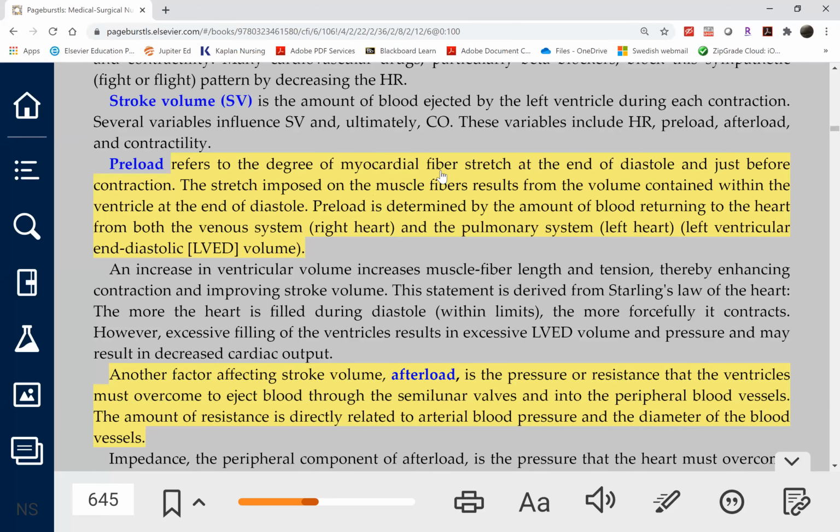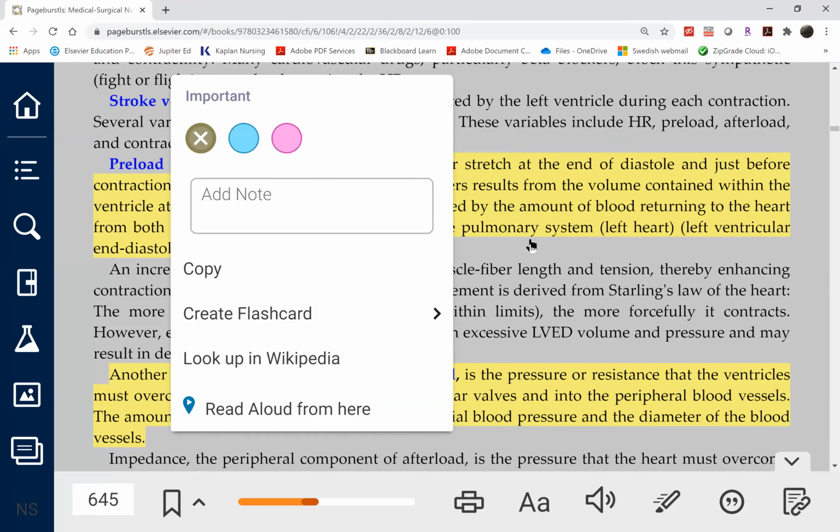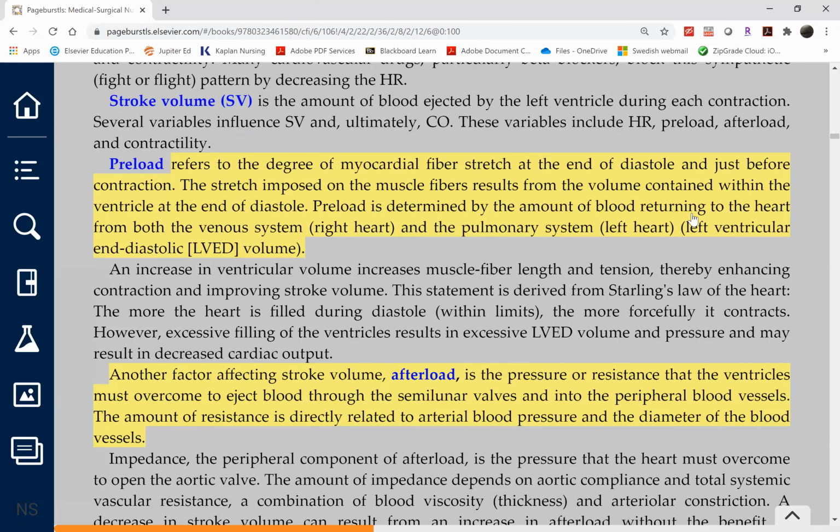Volume was mentioned a few times here. So volume, amount of blood returning to the heart, which is volume again, right? And then end-diastolic volume. So preload is referring to the amount of blood entering and leaving the heart.